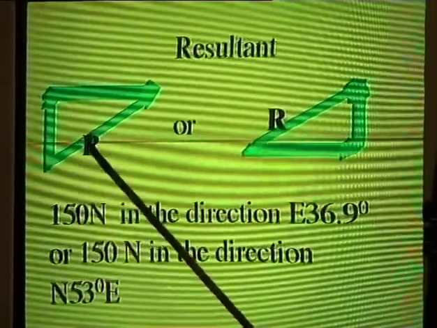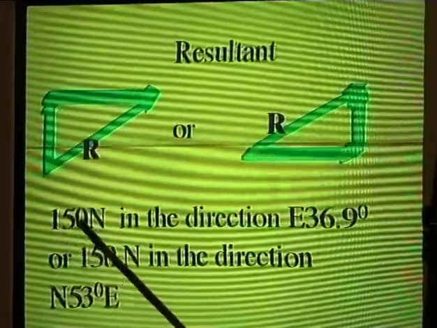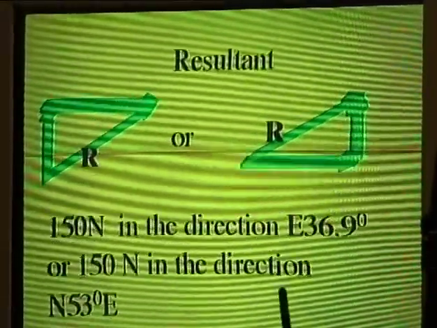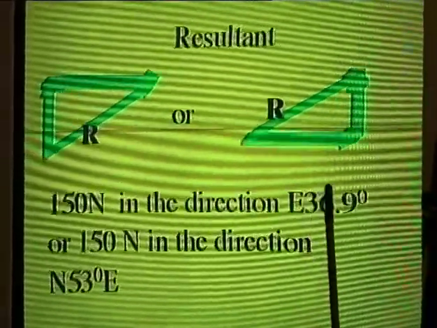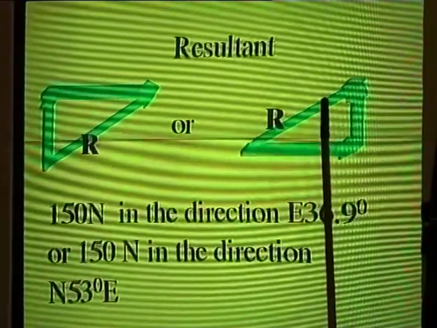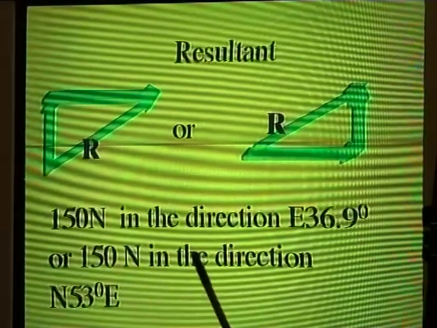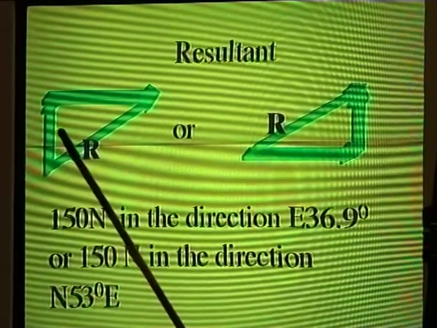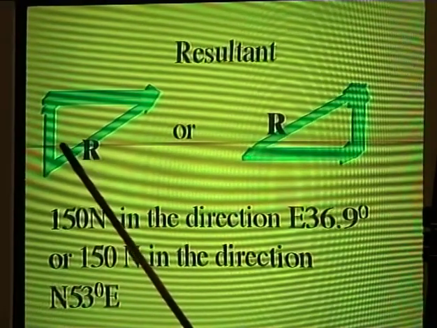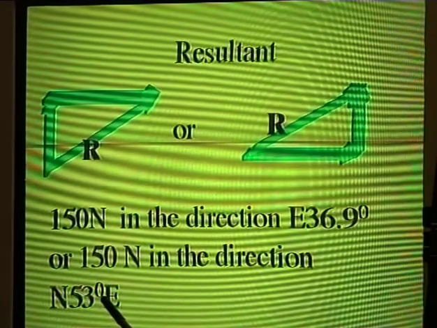Now, if you want to calculate this, you will use the Pythagoras theorem, and the resultant will be 150 newtons in the direction. We can simply say east at 36 degrees to the north, or it can be 150 newtons in the direction of north, and this angle which you have to calculate will be about 53 degrees.